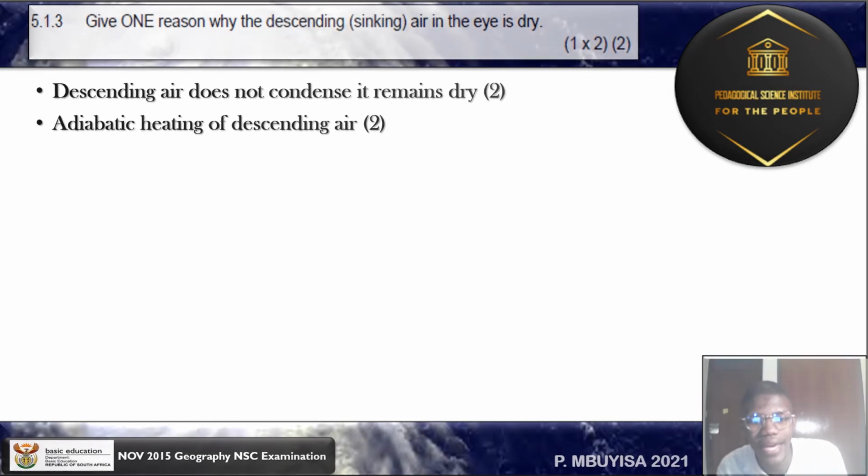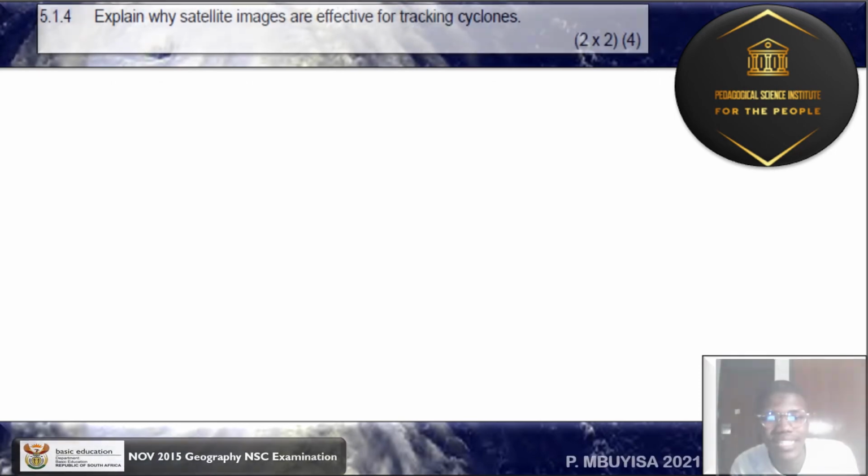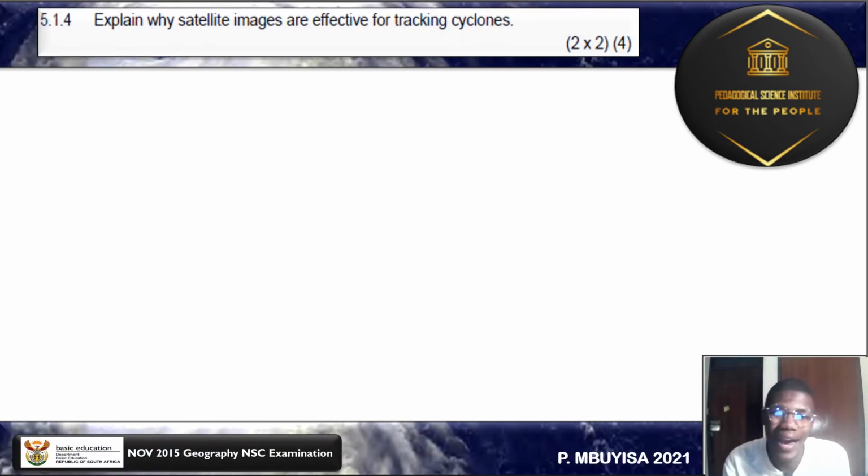5.1.4. Explain why satellite images are effective for tracking cyclones. So this is like an application kind of question. So you'll have to think about what the benefits of having satellite images are. Satellite images show you the diameter, number one, of the cyclone. They tell you how big the cyclone is.